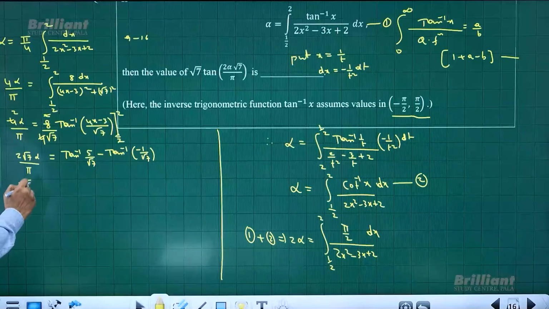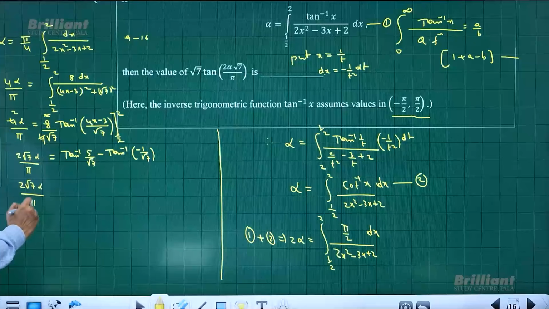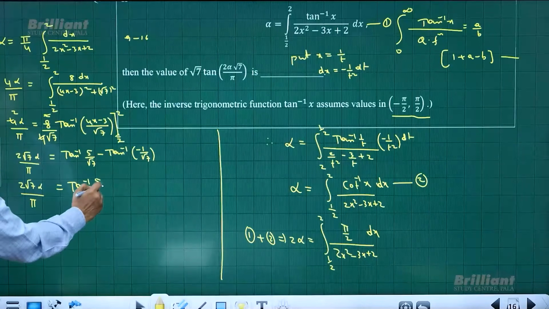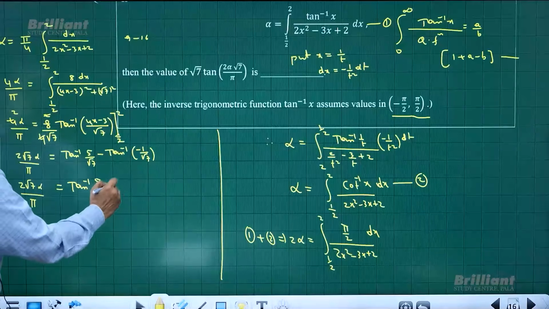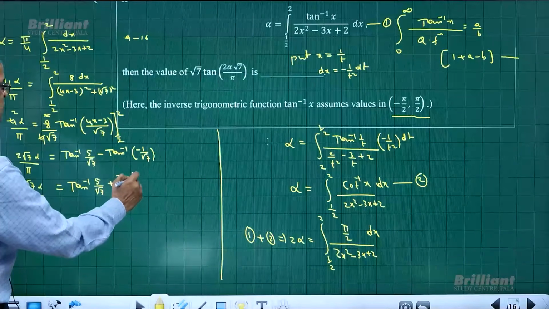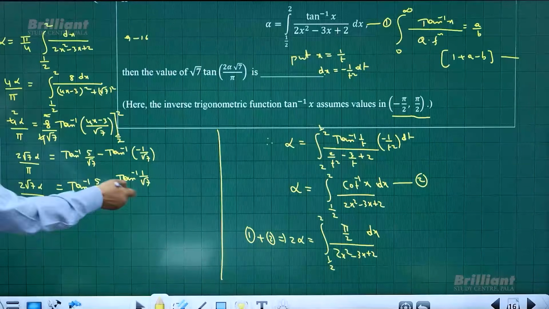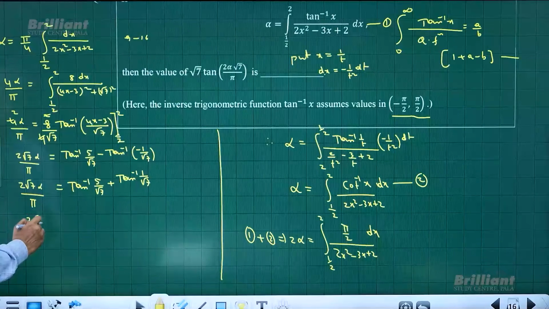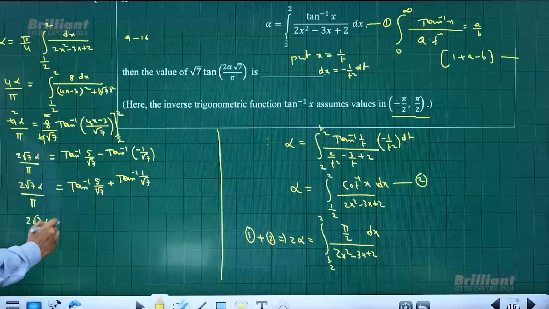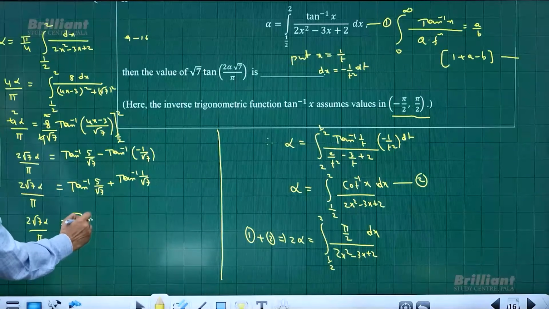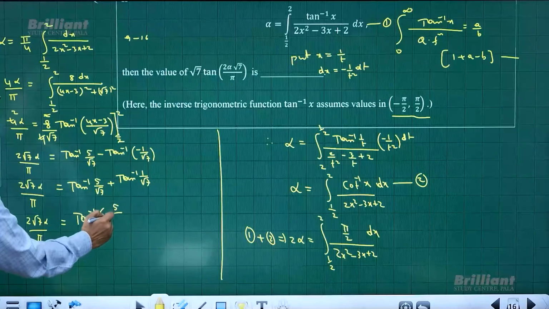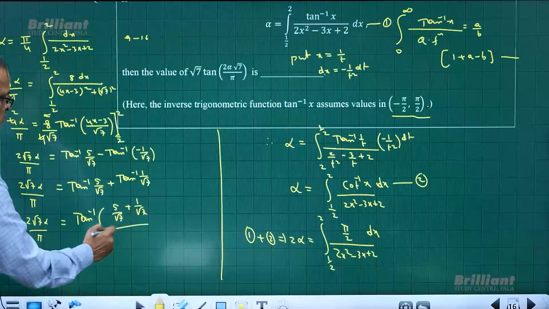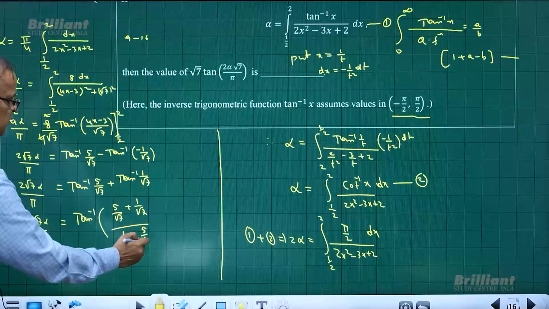So 2 root 7 alpha by pi is tan inverse 5 by root 7 plus tan inverse 1 by root 7. This is like tan inverse x plus tan inverse y, so it is tan inverse of 5 by root 7 plus 1 by root 7, divided by 1 minus 5 by 7.